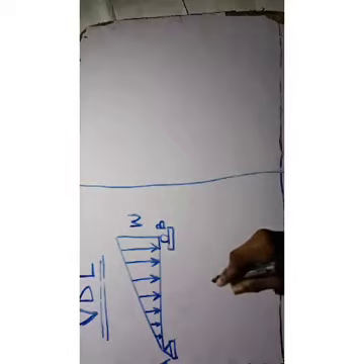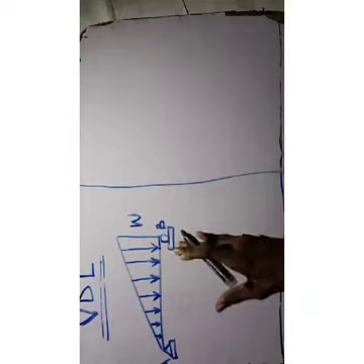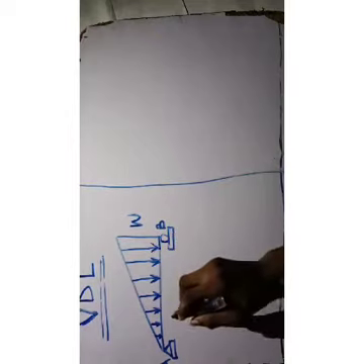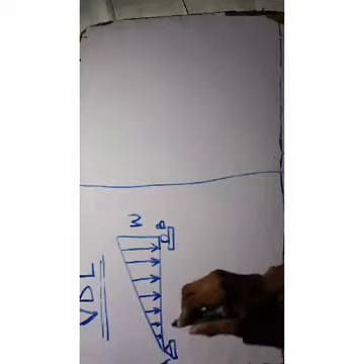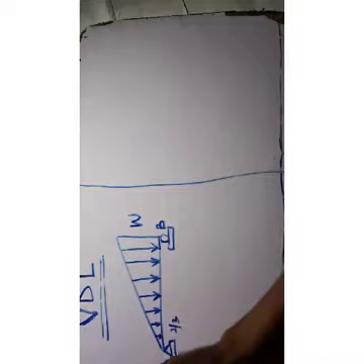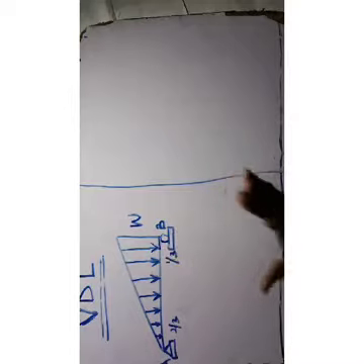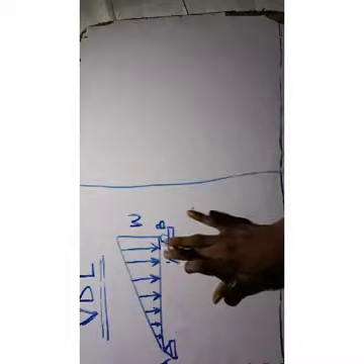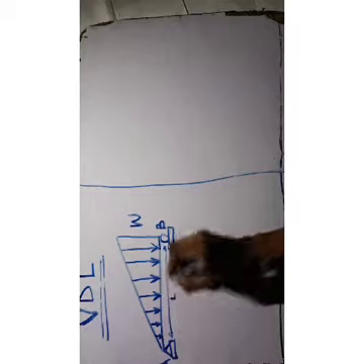When you change this to a point load, it will always act at 2/3 of this length, and 1/3 from this bigger part. So this is what I mean. Now for this guy, let's say this length here is L.